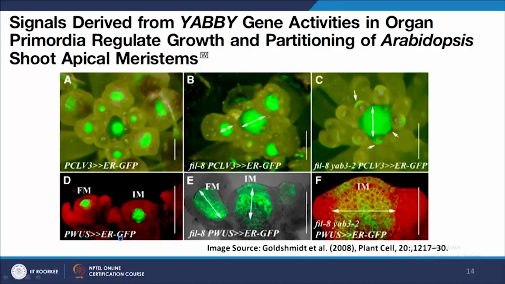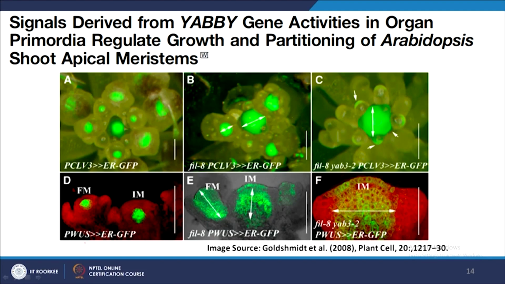Some of the markers, two very important and well established meristematic markers, are WUSCHEL and CLAVATA. If you look at the CLAVATA expression domain, in wild type this is the CLAVATA expression domain, restricted in the very tip, in the center. But if you look at the single mutant, the domain of CLAVATA3 expression is expanded, and in the double mutant it can be even further expanded.